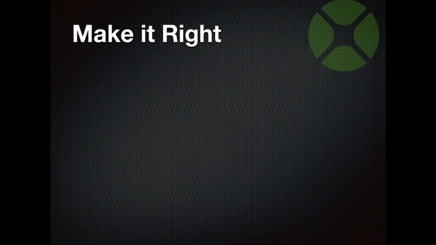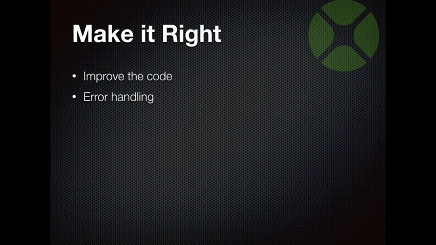So now you need to make it right. And that means improving the code in some manner. Now, some of you probably wrote it exactly the way you wanted right up front, but it depends what you're working on, and that may not be the case. So this may be now the time for you to add some sort of error handling of some kind.